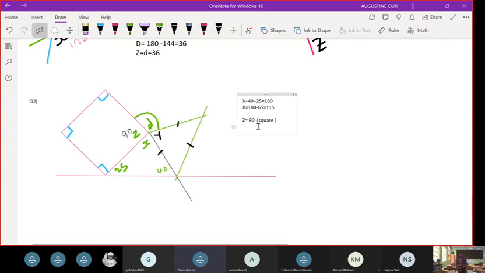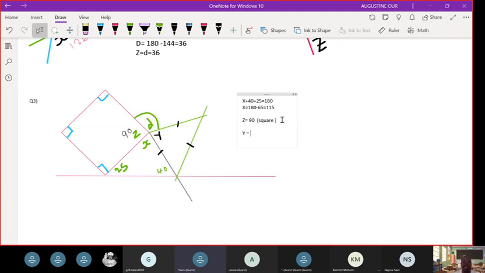Who can give me the value of Y? Same as Z, 90? No. Angles in an equilateral triangle, they add up to 180, but those angles themselves are equal to what?